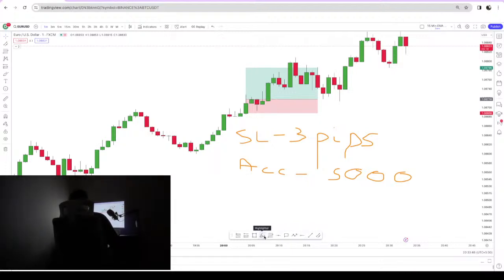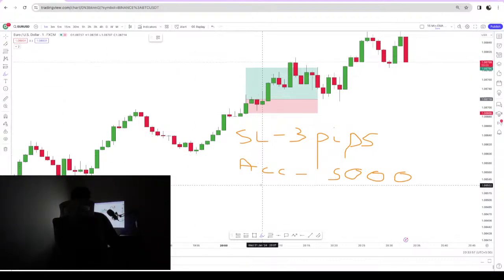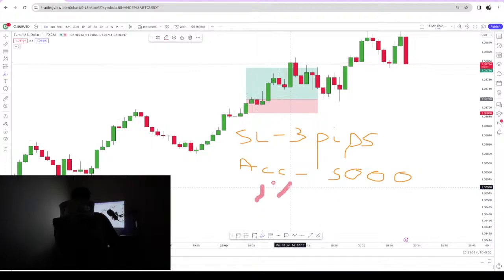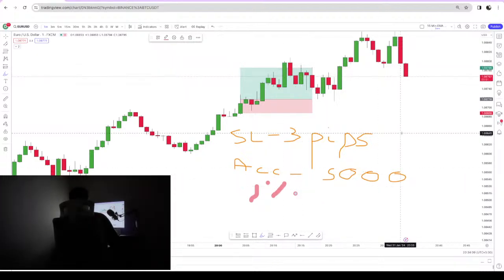That means he doesn't know what risk management we are talking about, and we want to risk just 1%. What will be the position size? Tell me.